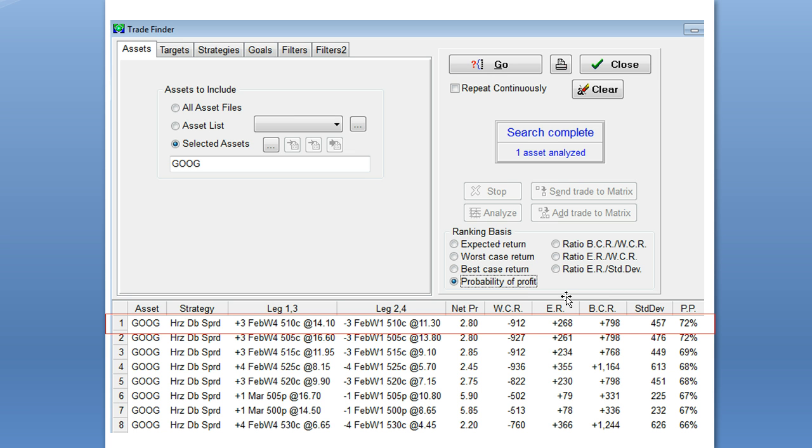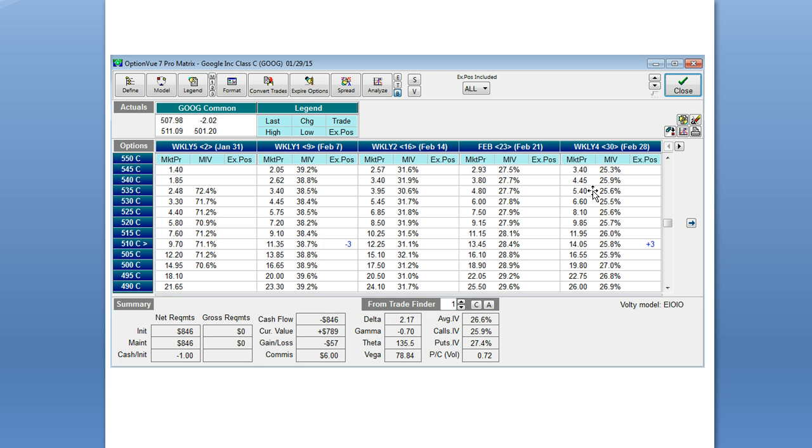Okay, and that looks like a 3-lot trade at the 5:10 mark, real close to being at the money. And we're going to click on that, and then I hit, in this case, Send Trade to Matrix. When that lights up, it'll send it over here, and there it is. Now notice that it did not put this short strike in the front expiration here.